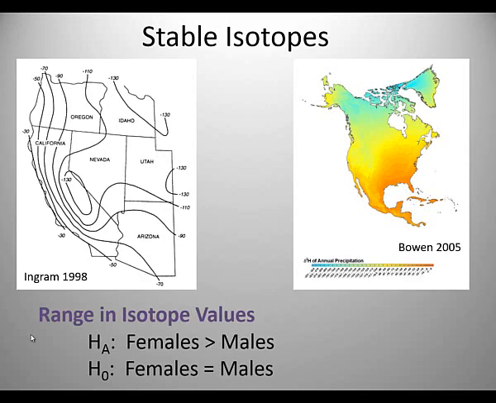The first was that the range of values that we'd see in females would be much greater than what we saw in males, because we knew that the females were coming from somewhere else, and some of the males could be resident. The alternative hypothesis was that the range in values for males and females would be pretty equal, which would indicate that there was a stream of males always passing through our area that could have come from a number of different summering areas.